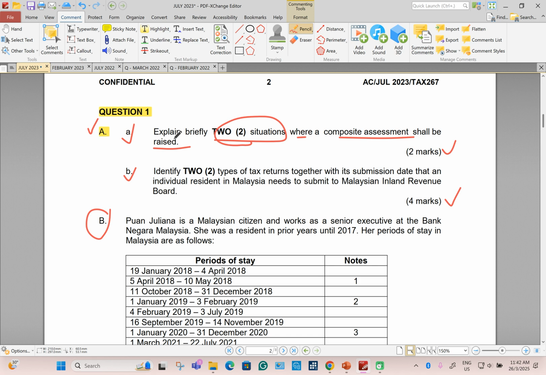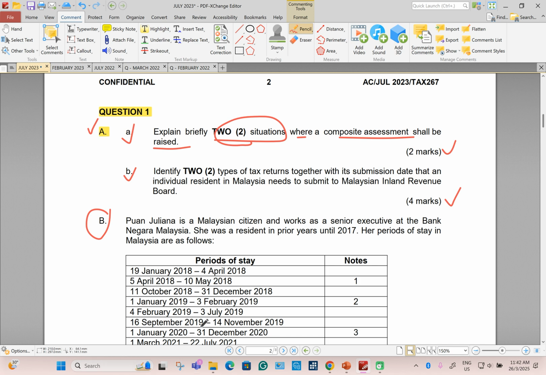The question is asking you to answer in what conditions IRB could issue a composite assessment to a taxpayer. So you need to answer in what situation. If I'm not mistaken, there are a few situations, but the mark is only 2 marks, isn't it? So you pick any two that you can memorize.